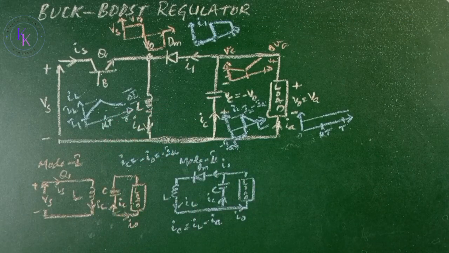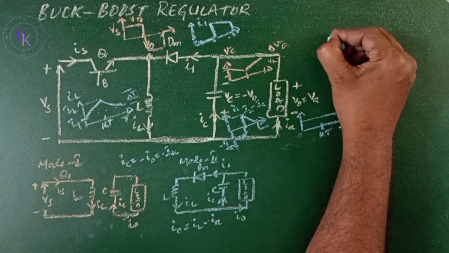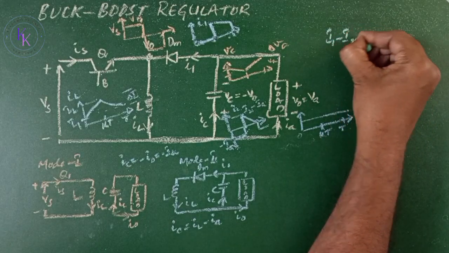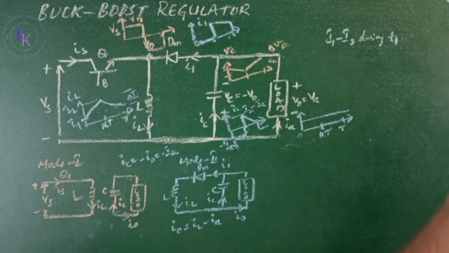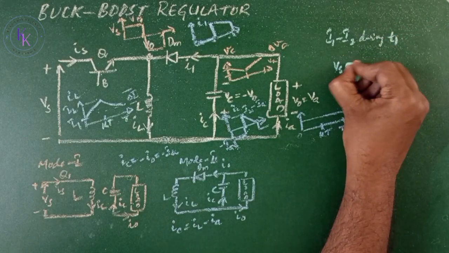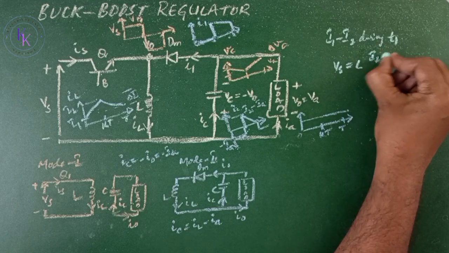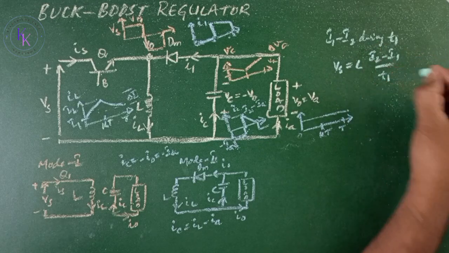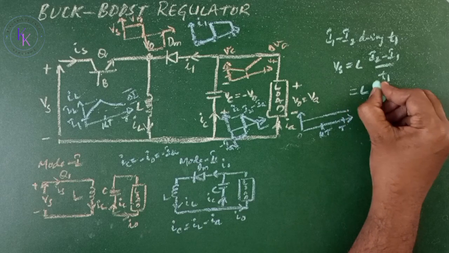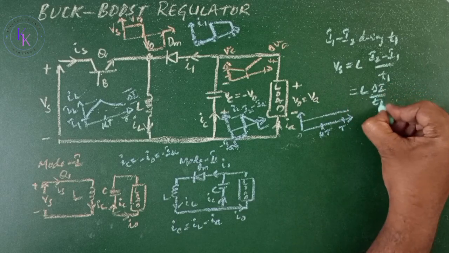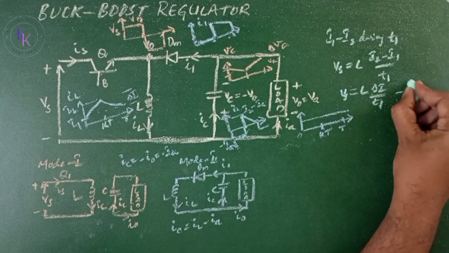Now, assuming the current rises linearly from I1 to I2 during T1, that is the turn on time of the transistor, then the voltage Vs equals L times I2 minus I1 divided by the time T1. This is nothing but L delta I divided by T1 equals Vs. Let this be equation number 1.